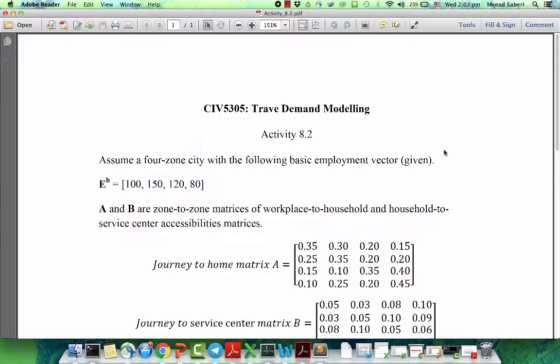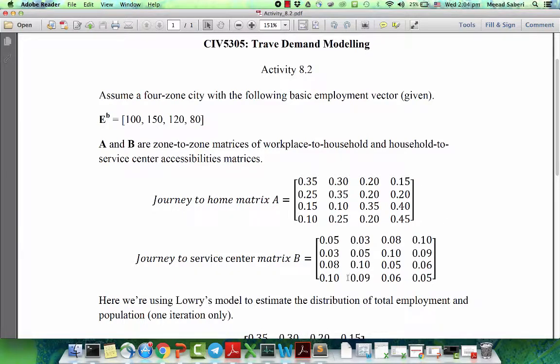So in this activity, we assume a 4-zone city with the following basic employment vector as given. We have 4 zones, so the number of basic jobs would be 100, 150, 120, and 80 in each zone. A and B, as you saw in the slides, are zone-to-zone matrices of workplace to household and household to service jobs accessibility matrices.